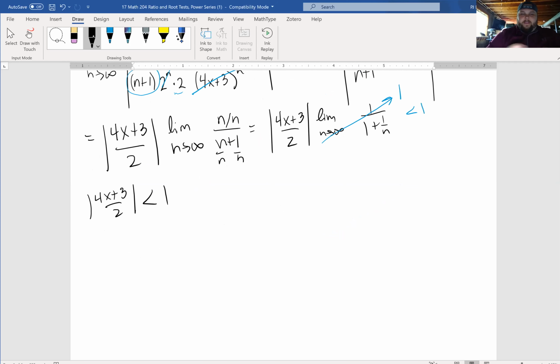So that inequality there, because the absolute value says that number has to fall between -1 and 1. Now recall that to solve an inequality, if we do an operation to one part, we have to do it to all of the parts.